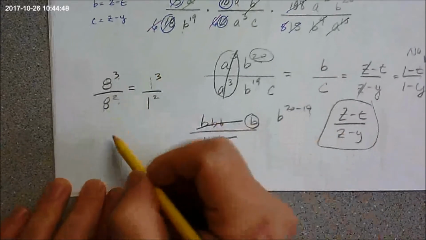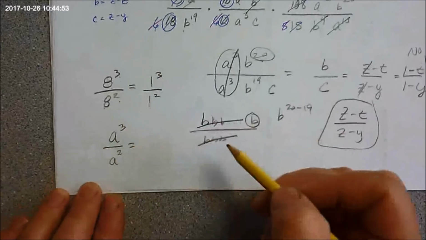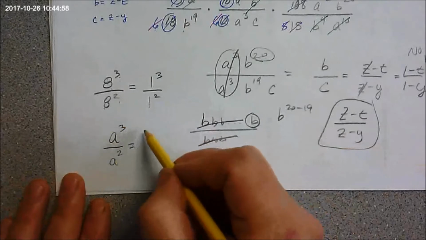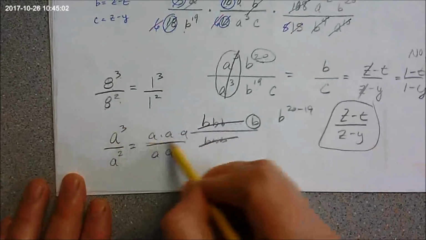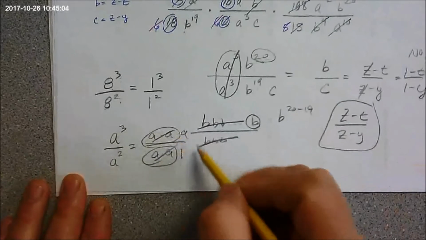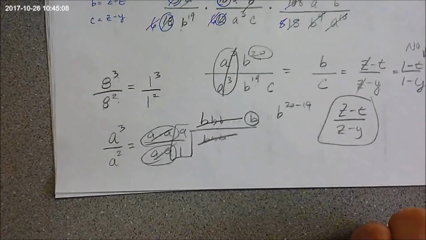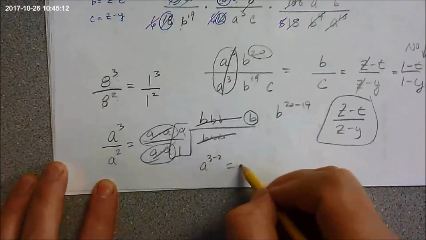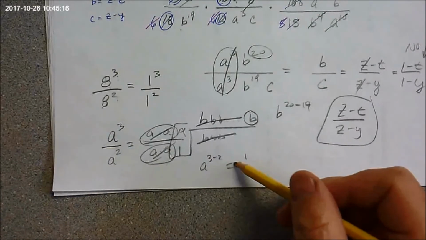It's no different than this. You're not reducing the A's as such. What you have is A times A times A over 2 A's. Those make 1, and you're left with A divided by 1. The shortcut is 3 minus 2, which is A to the 1, and that's fine, but that's why.